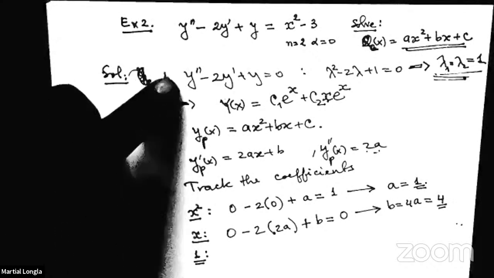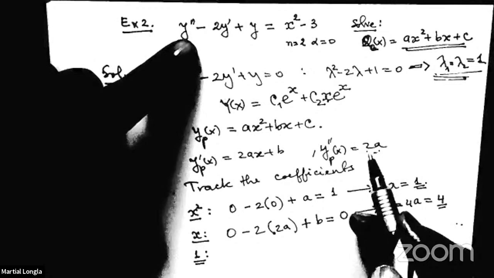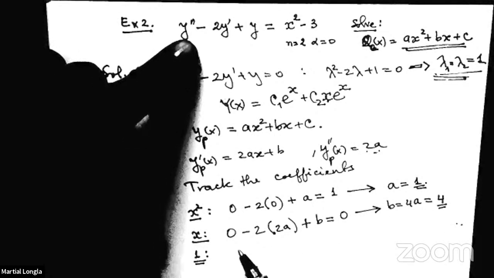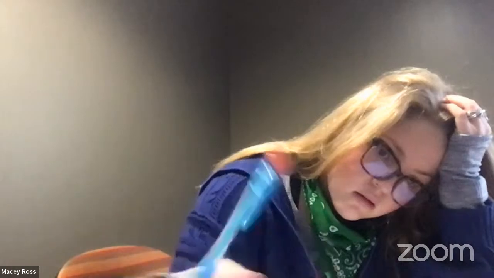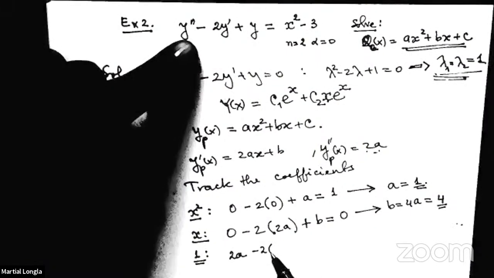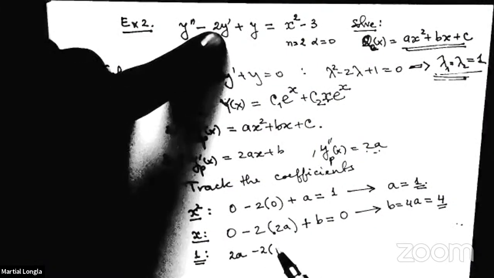And then we go again to the second derivative. Second derivative, coefficient of the constant is? What's the constant we have in the second derivative? 2a, correct. Minus 2, derivative, what is the constant? b.